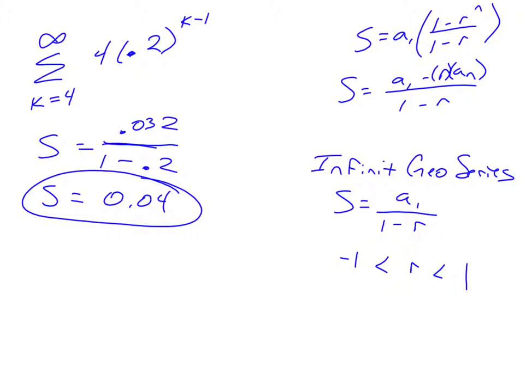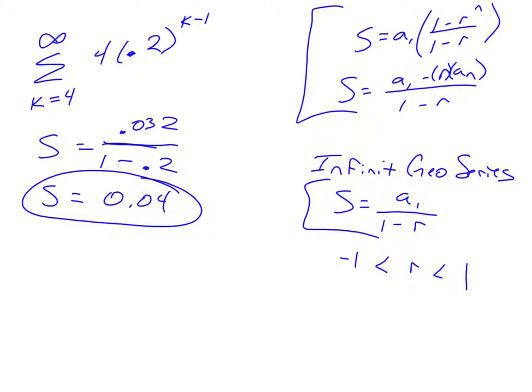Okay, so there are your 3 formulas to find the sum of a geometric series. What type of sums can I find with my first 2 formulas? Finite. And on my last one, I can find infinite, but R has to be between -1 and 1. If it's not, you cannot find the sum. Not possible.